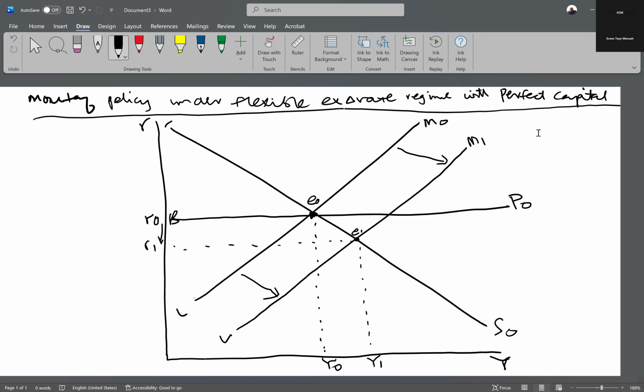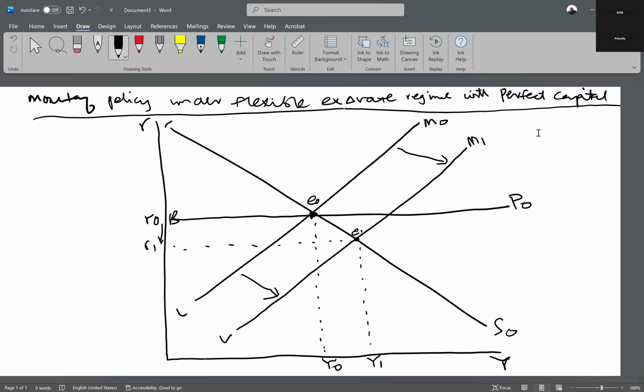There is more import than export, so there is a shortage of foreign exchange. At E1, what happens?